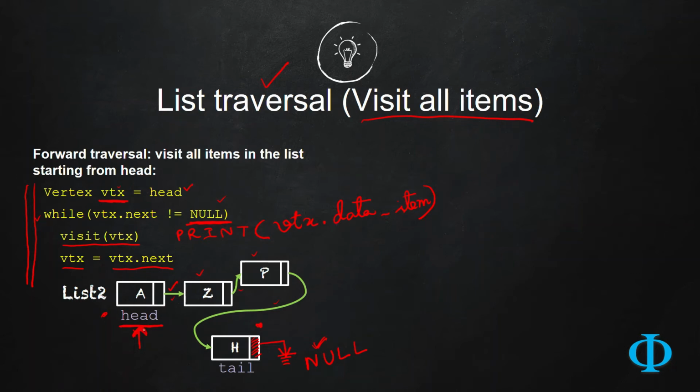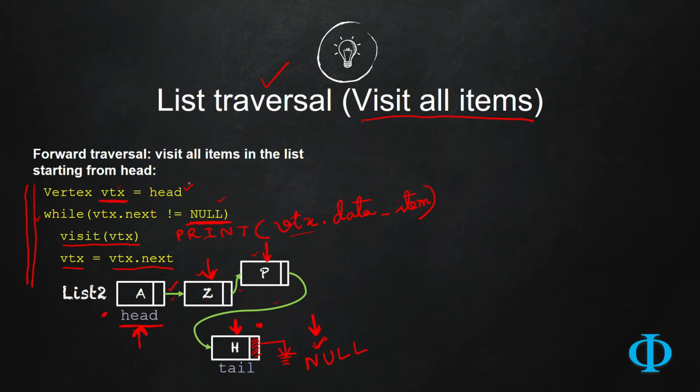So first it started from head. At the end of the first iteration, it will point in here. So it will print the data item, that is Z, in here, and then it will point to this node. At the end of the next iteration, VTX will point to this node. At the end of the next iteration, it will point to this node and visit this vertex, and finally whenever it comes to this null, it will break the entire loop.